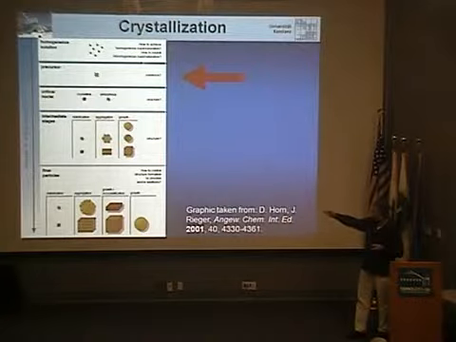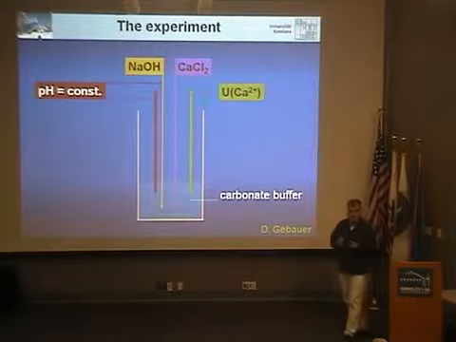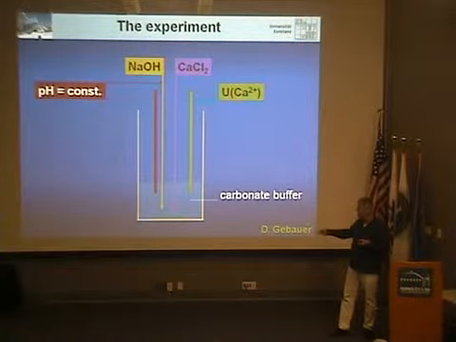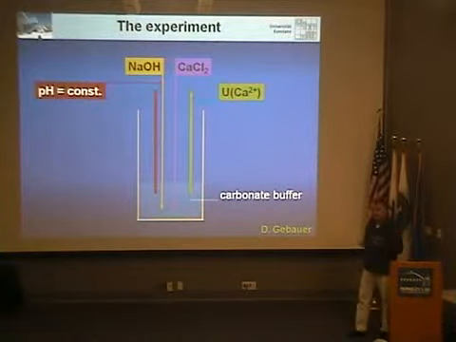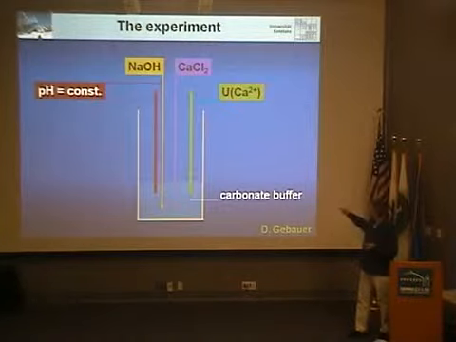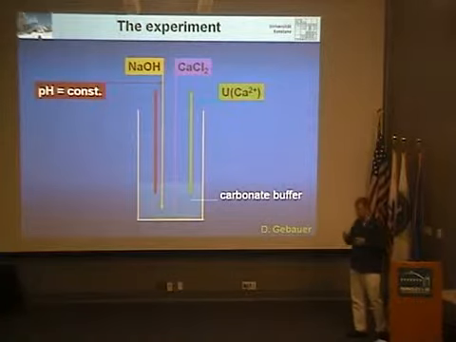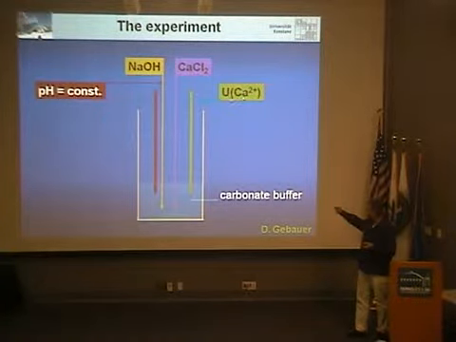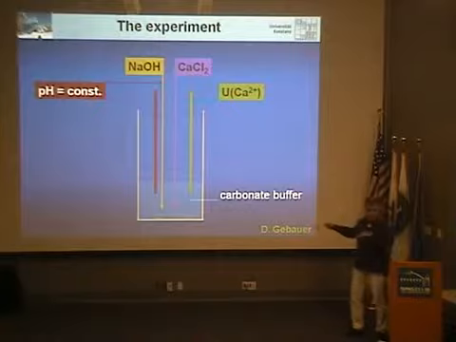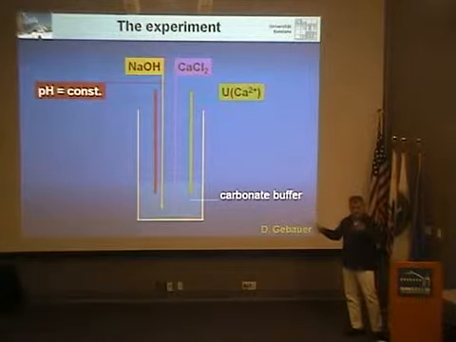So what is this? And the experiment we performed is a very simple one. So if you take a beaker and you fill it with a carbonate buffer and you put it into a system which is very controlled by a titration machine, which keeps the pH constant to the third digit, and then you start adding calcium chloride solution into the carbonate buffer by a syringe pump at a constant rate, and we measure the calcium concentration via the potential, and as soon as we form calcium carbonate in here, the pH will drop and sodium hydroxide will be added to keep the pH constant.